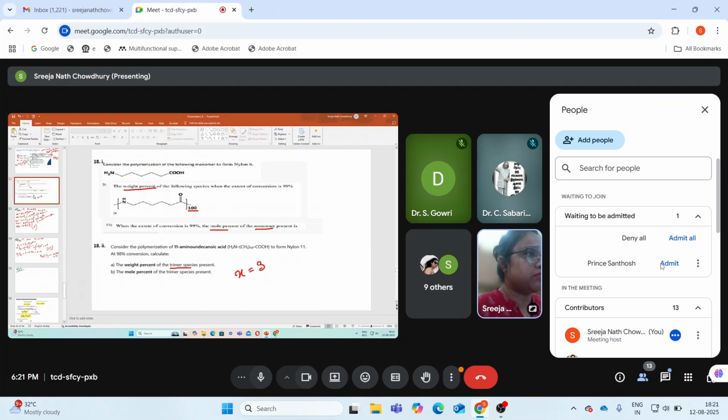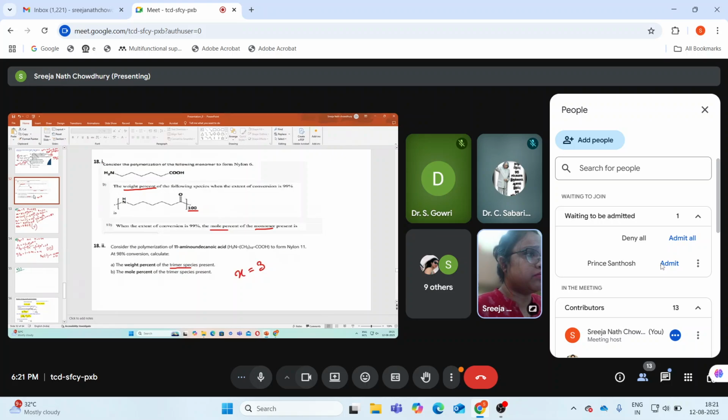So x is 3, (1 minus 0.98) square into p to the power 3 minus 1, so it will become 1.15 into 10 to the power minus 3.